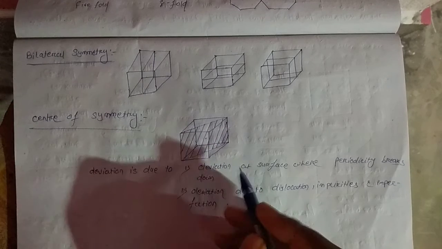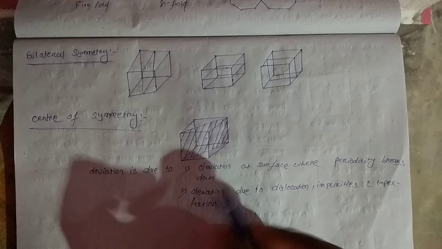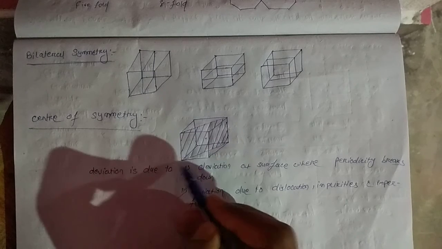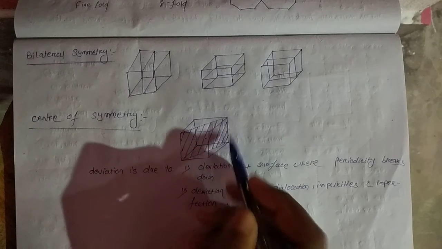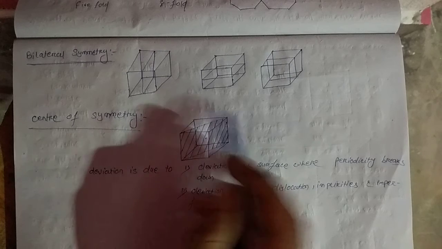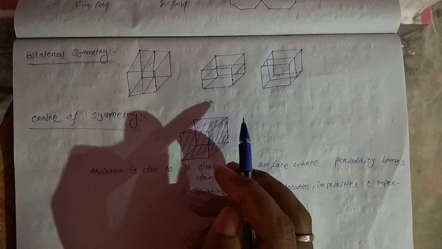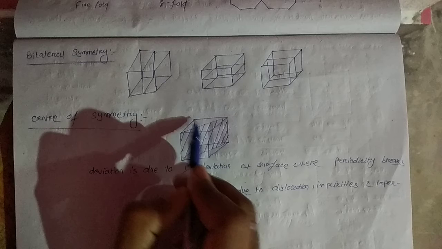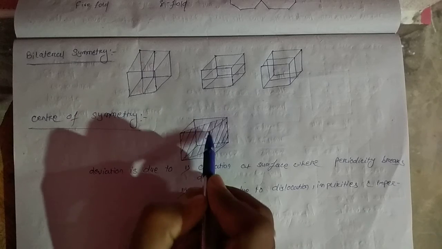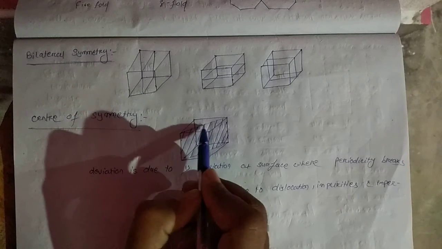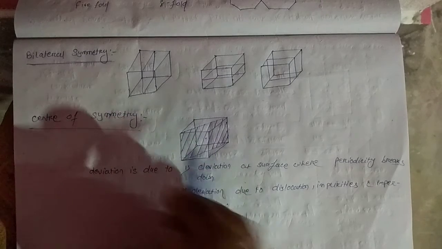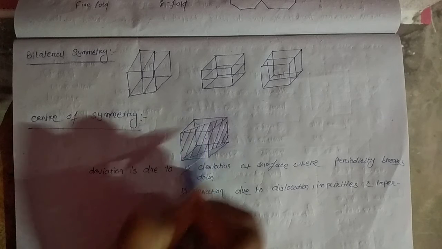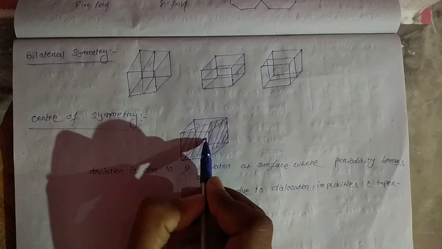So in this figure, suppose this is the midpoint and this is the plane that causes symmetry in this crystal structure. If we talk about these two corners, they will be at equal distance from this point.